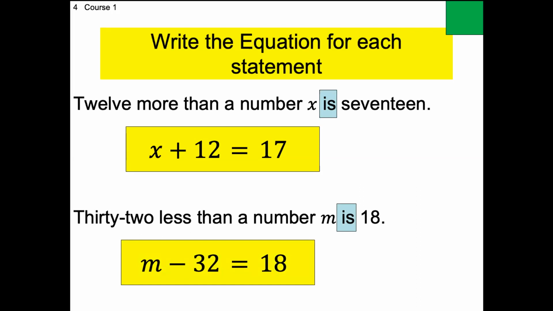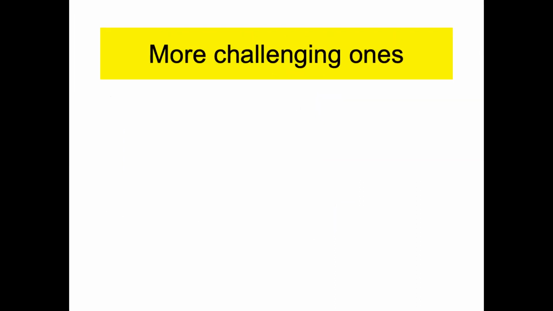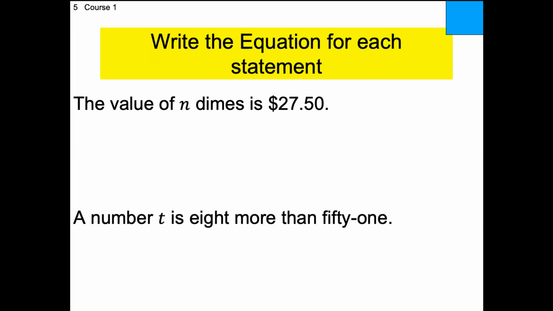Last chapter, I said there were two problems that you got to be careful with. What are those two problems? Anything dealing with money or time. Okay, so these are the challenging ones. What are we dealing with on the first one? Money.